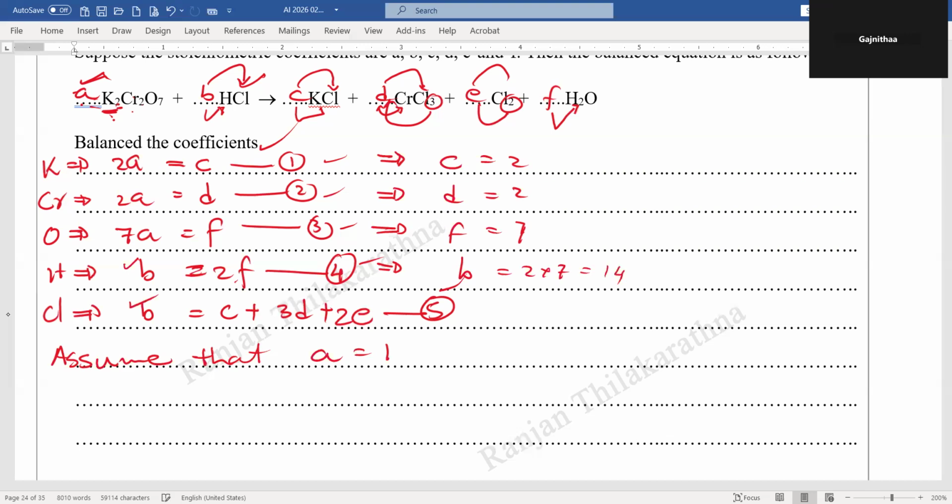Now you know C and D, the only unknown is E. So from this one, you can isolate 2E. 2E equals B minus C minus 3D.